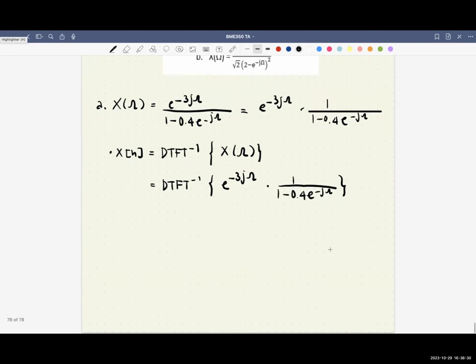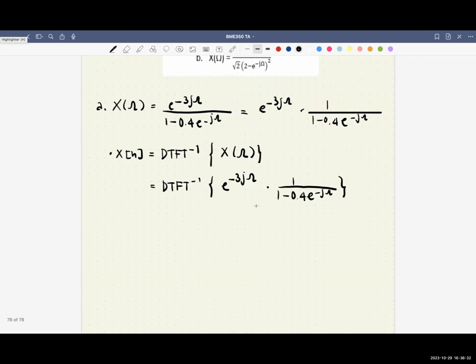Because they're multiplying inside the bracket, and they are in the frequency domain, when we break it down and change to the time domain, they will change from multiplication to convolution.